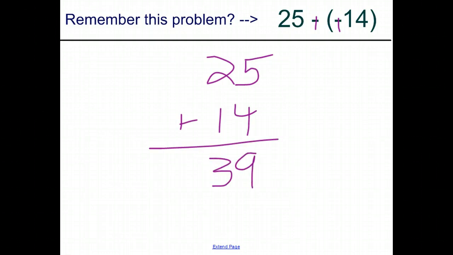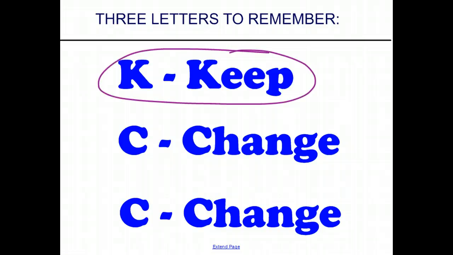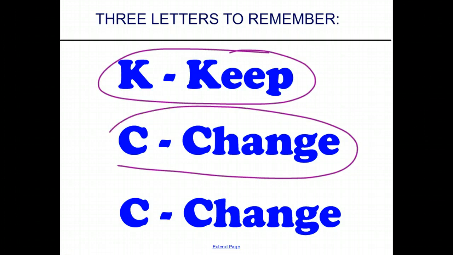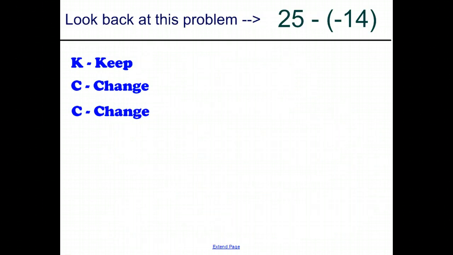When really, there are three letters we need to remember when it comes to subtracting integers, and those are K, C, C. Keep, change, change, which is keep the first number, change the operation from subtraction to addition, and change the sign of our second number.